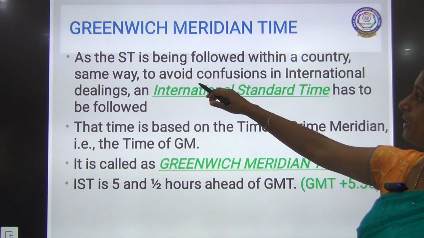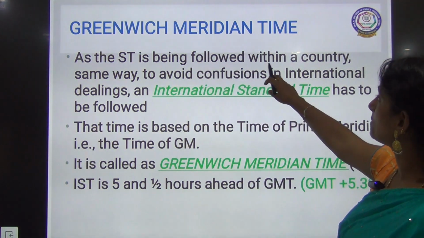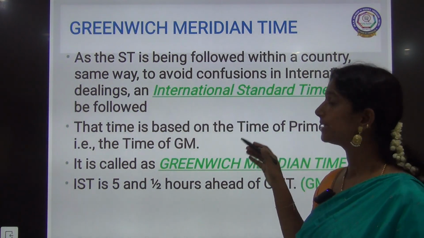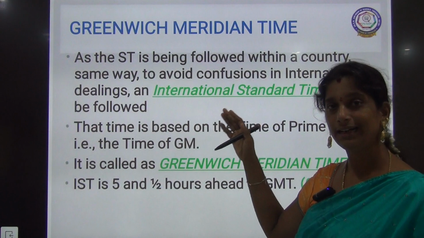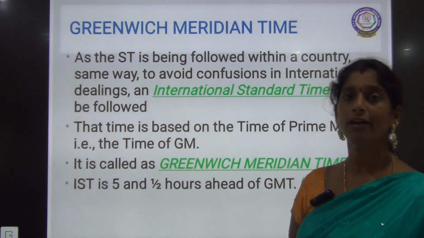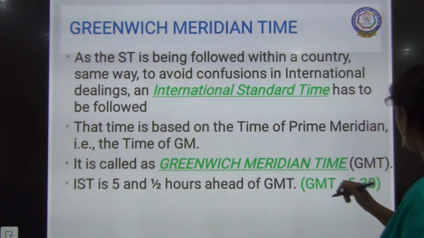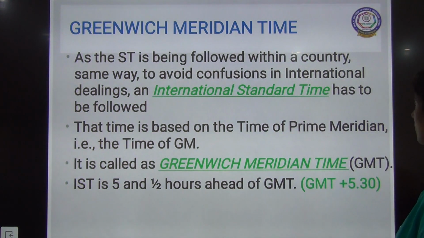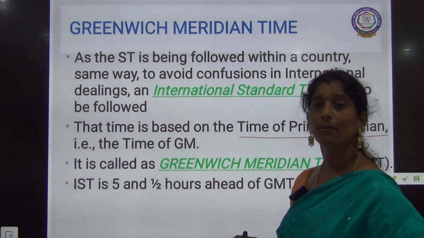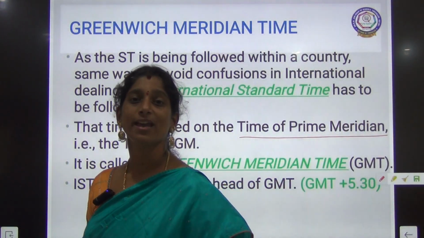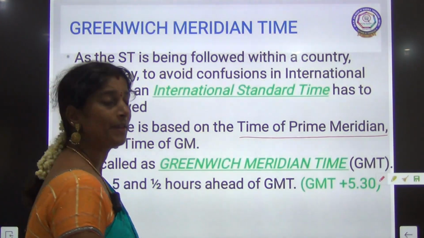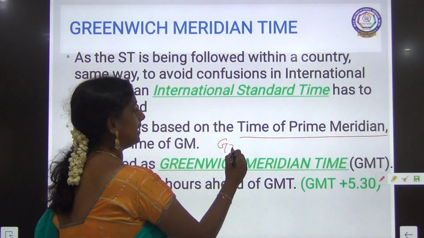I am reading this. As the standard time is followed within a country, the same way to avoid confusion in international dealings, the International Standard Time has to be followed. Clear? So that time is based on the time of the prime meridian. What is the prime meridian? It is the Greenwich Meridian.